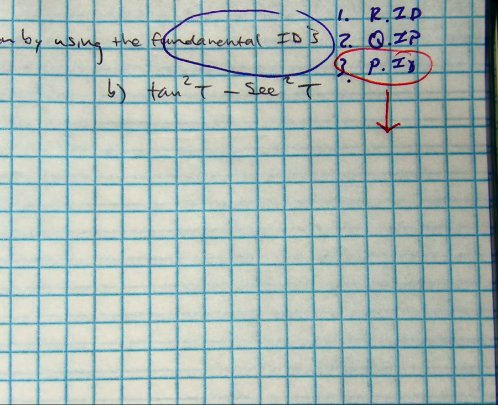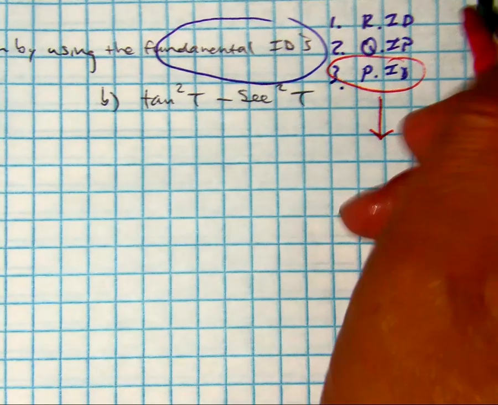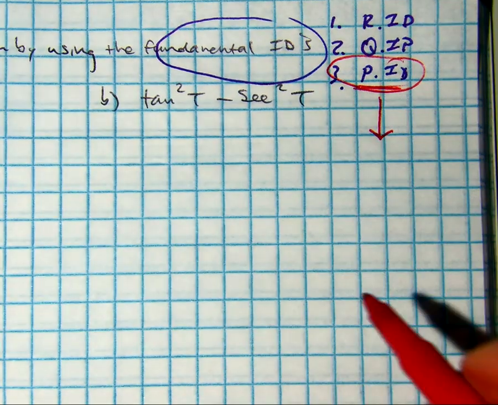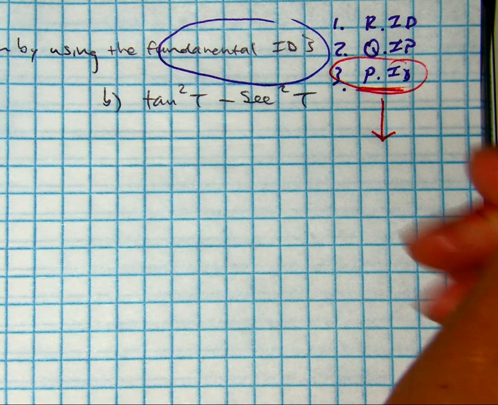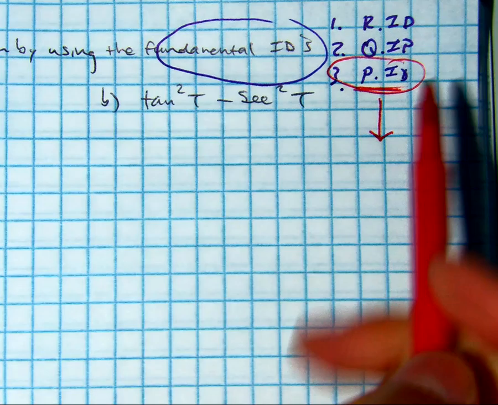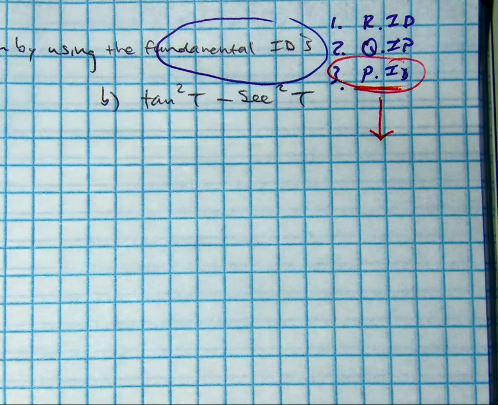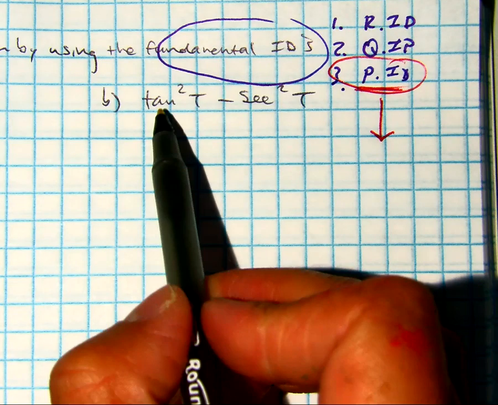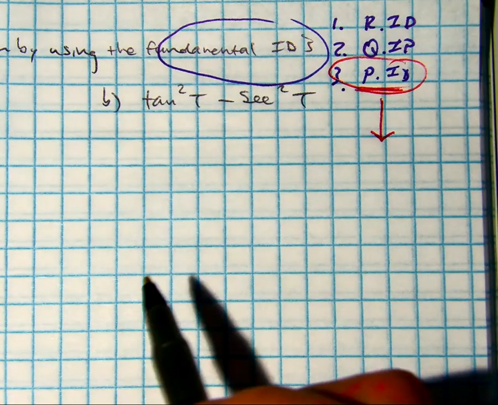You have the Pythagorean identity. Okay, can you tell me the Pythagorean identity we're going to use? Sine squared of theta plus cosine squared of theta equals 1. Okay, but Vincent, I recognize I don't have sine and cosine. Is there another Pythagorean identity?